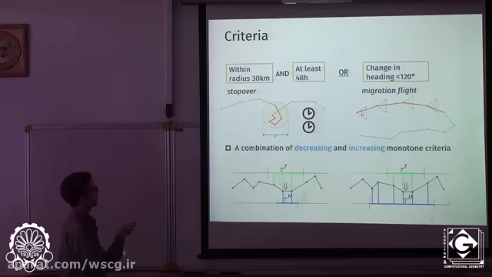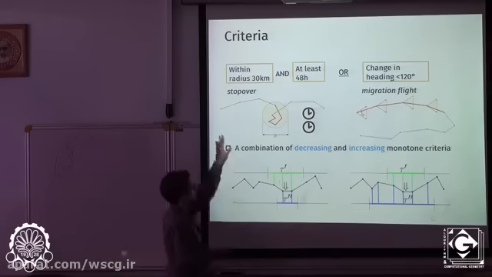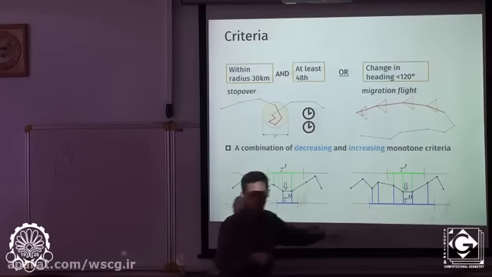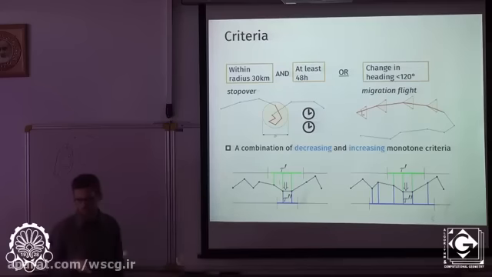Because it has the property that if it's true for a short trajectory, so in this case a trajectory of at least 2 days, it will also be true for any longer trajectory. So two of these criteria are decreasing monotone, but one is what I would call increasing monotone. And the type of criteria we want to deal with now is combinations of increasing and decreasing monotone.